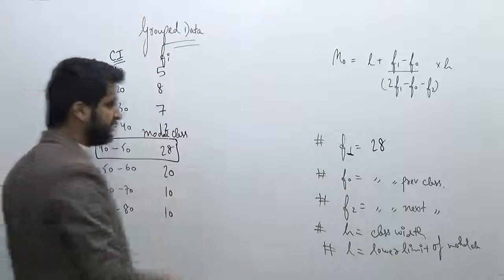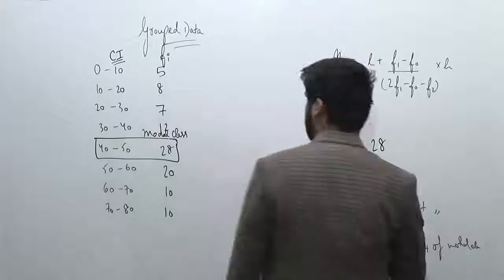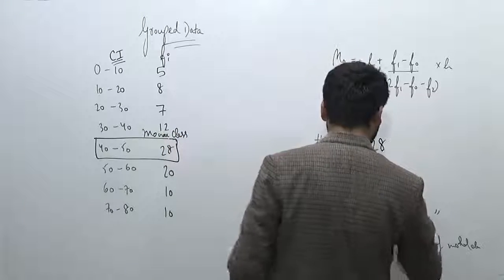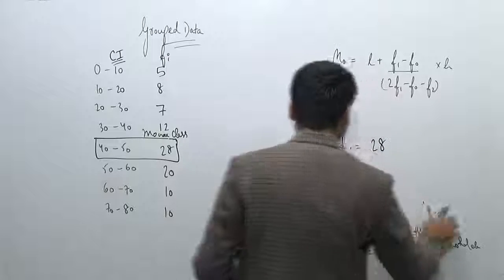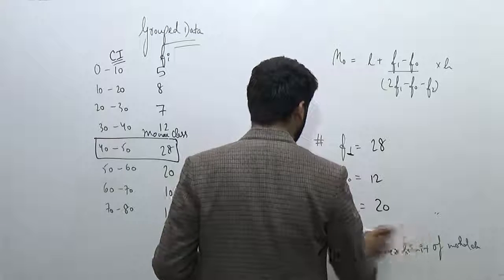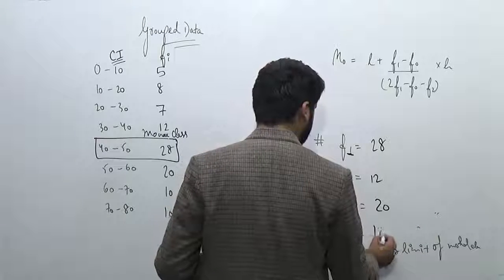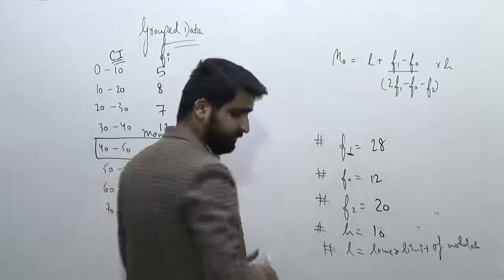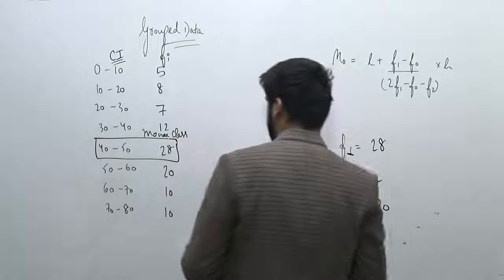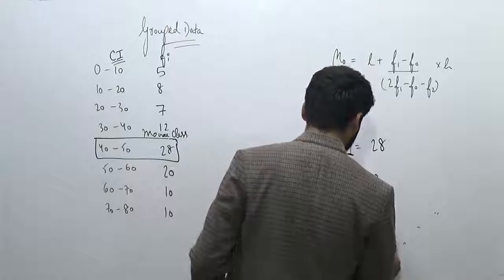So F1 is equal to 28. F0 will be equal to 12. The frequency of the next class will be equal to 20. The class width is constant, equal to 10, and the lower limit of the modal class is 40.